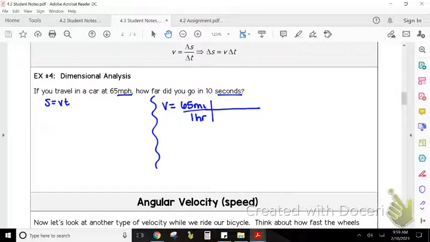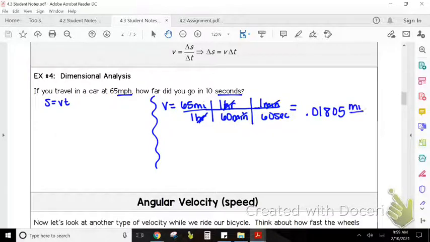So remember, we're going to multiply that. 1 hour is what, 60 minutes? And so that makes the hour go away, but now I'm in minutes, and I need seconds. And so we know that 1 minute is equal to 60 seconds. So when we work this out, we get 65 divided by 60 times 60, and it comes out to be 0.01805, and it's in miles per second.